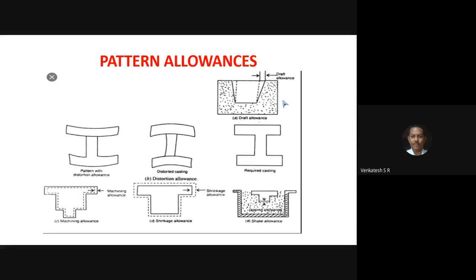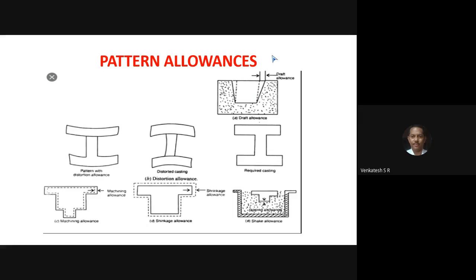For that reason, you have to provide the draft allowance in the mold cavity. All of you observe here, the dotted line indicates the shape of the casting. This inclined line indicates the draft allowance. Usually, this draft allowance ranges from 1 to 7 degrees.